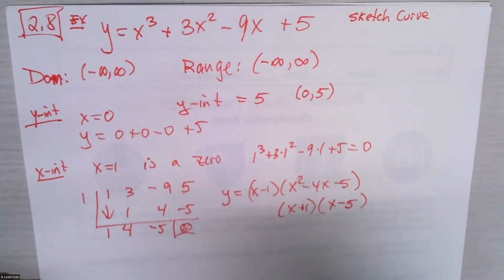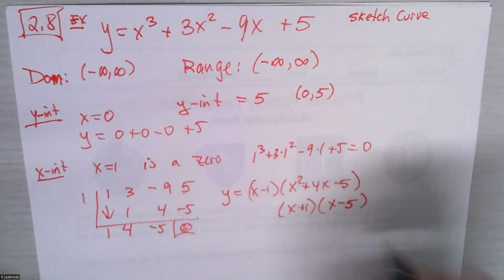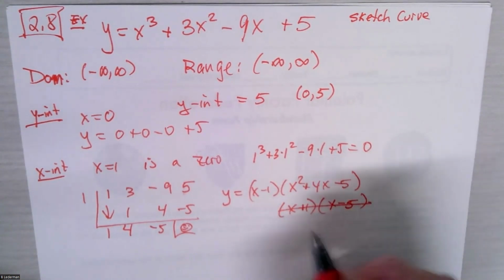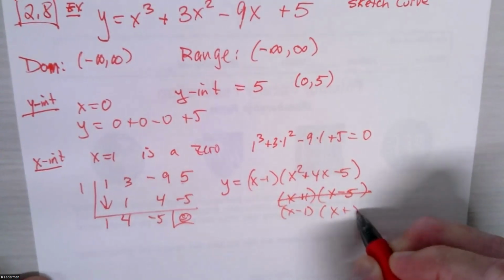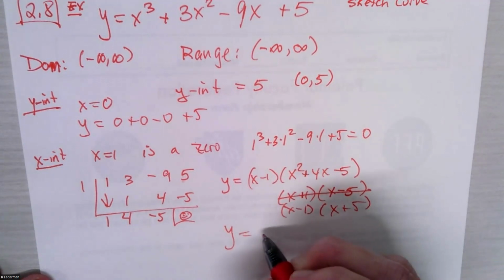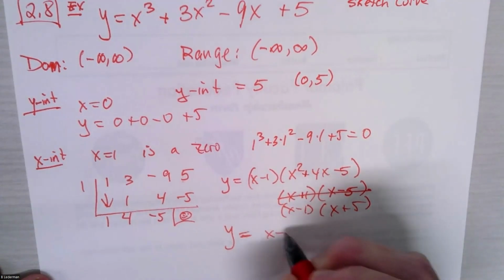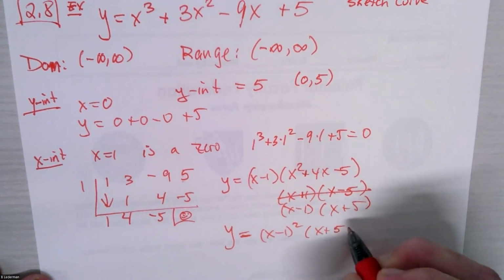Before I go any further, I want to correct a little mistake I made. 1 plus 4 minus 5. So that's plus 4, which means it's x minus 1 and x plus 5. So y is equal to x minus 1 squared times x plus 5.